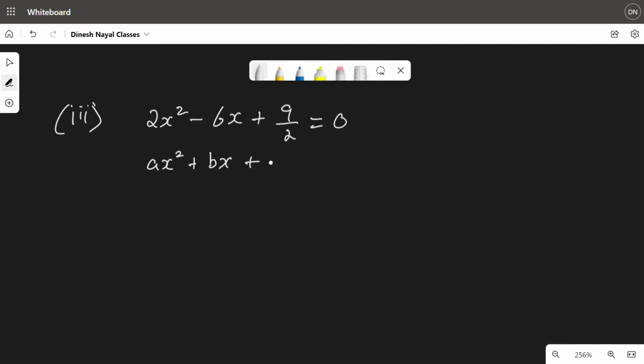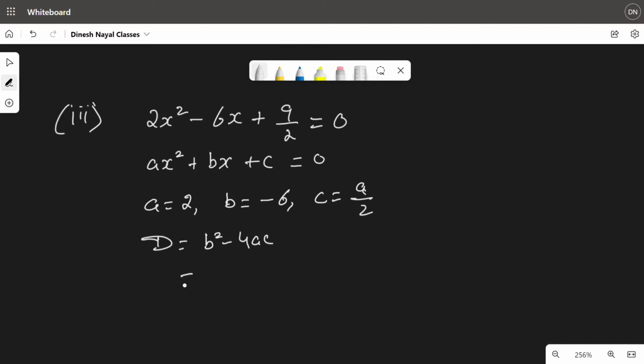we get a equals 2, b equals minus 6 and c equals 9 by 2. Now D equals b square minus 4ac. Applying the formula, b is minus 6, so this will be minus 6 whole square minus 4, a is 2 and c is 9 by 2.